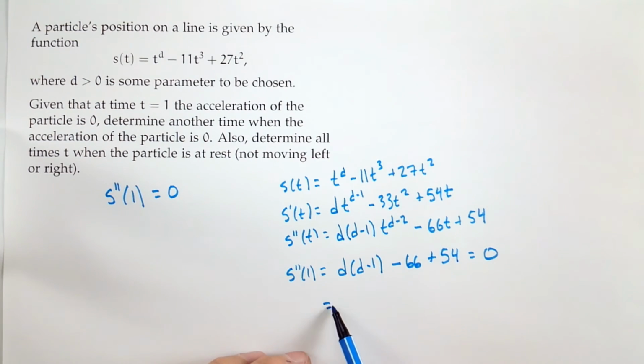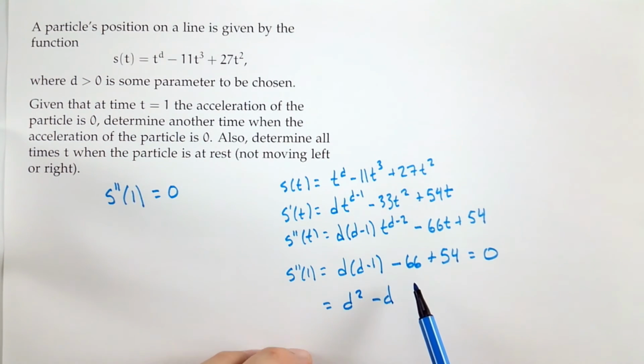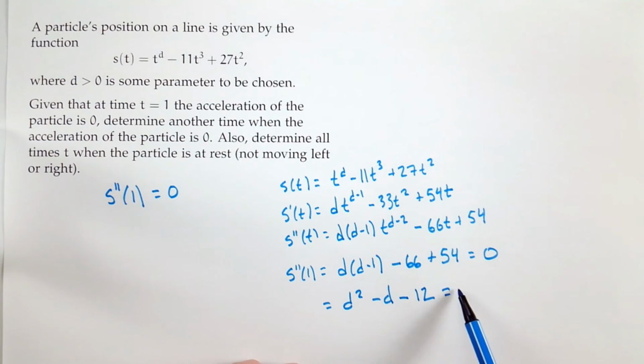So we get d squared minus d, negative 66 plus 54. What do we know? Negative 66 plus 54 is negative 12. All right? So d squared minus d minus 12 equals 0. Well, we're almost there.